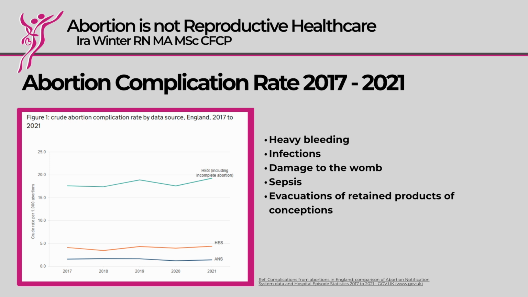And then there is a final complication rate that also includes when there is evacuation of retained products of conception that needs to occur. I think you can immediately see where there is a gap, because what about any complications that are beyond the abortion clinic but don't make it into a hospital episode?